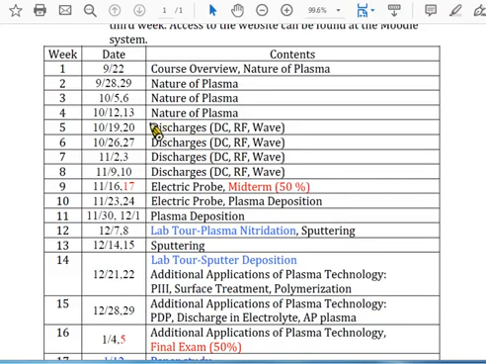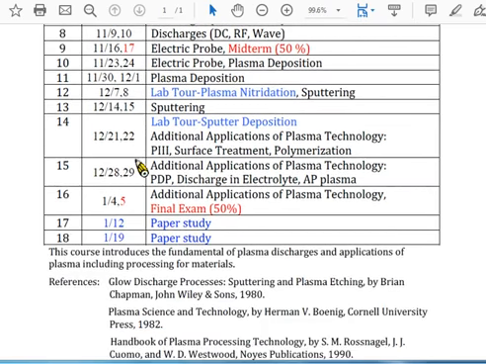In the DC and RF discharge chapters, we focus on plasma generation in low pressure conditions, or reduced pressure conditions. But nowadays, people also design systems so that plasma can be generated at atmospheric pressure, which is 1 atm, or a little bit lower than 1 atm.